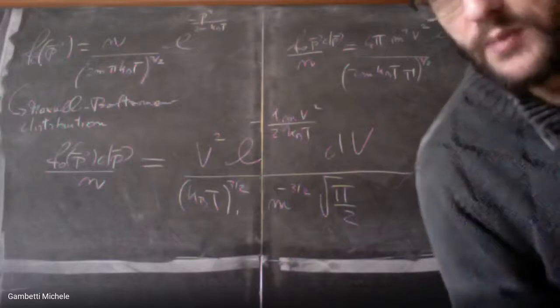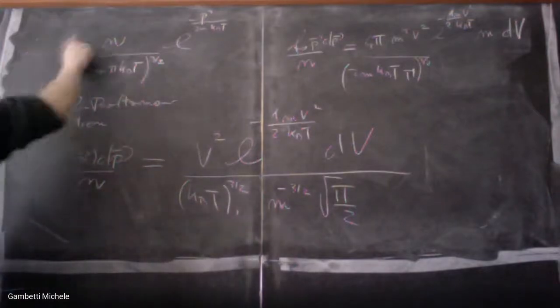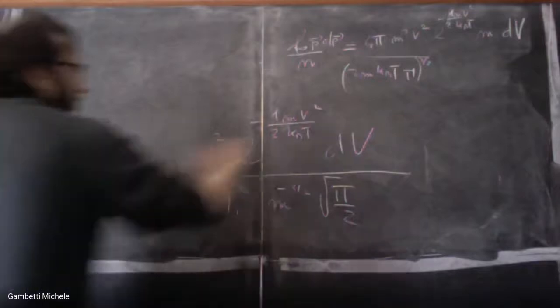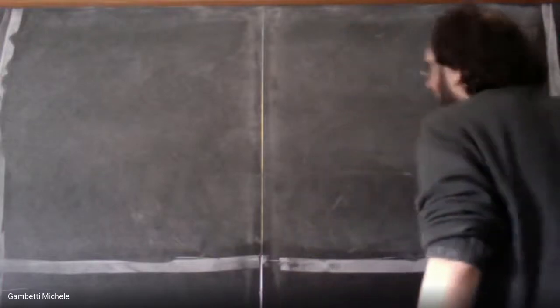Let me see what time it is. 10:20. So let's try to do some application of this Maxwell-Boltzmann distribution for some problems, because I want to stress the power of having a statistical approach.